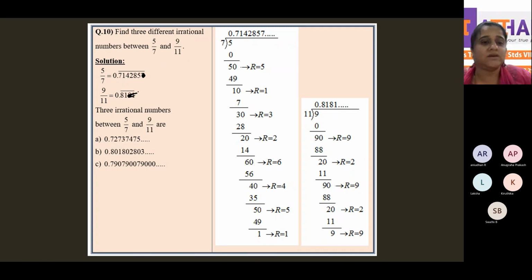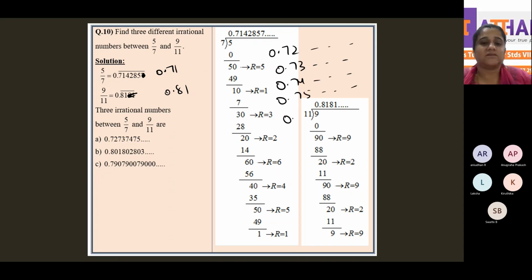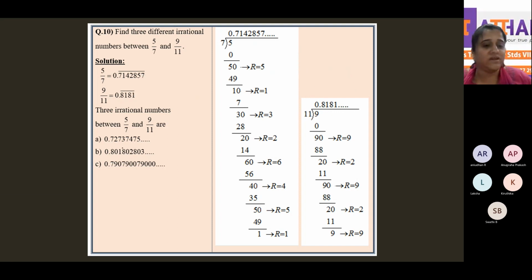So safe zone meaning here between 0.71 and 0.81. Safe zones are 0.72 and anything, 0.73 and anything, 0.74 anything, 0.75, 76. Do you all understand that? So now see the numbers I have written. I've written 0.72. So I'm safe. I've written a number between 0.71 and 0.81.